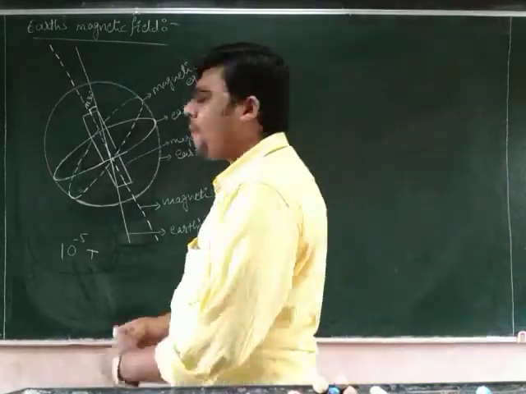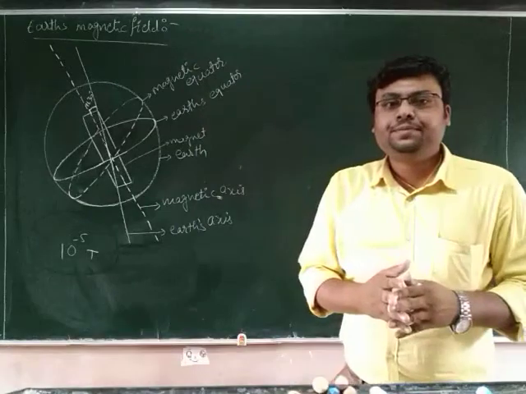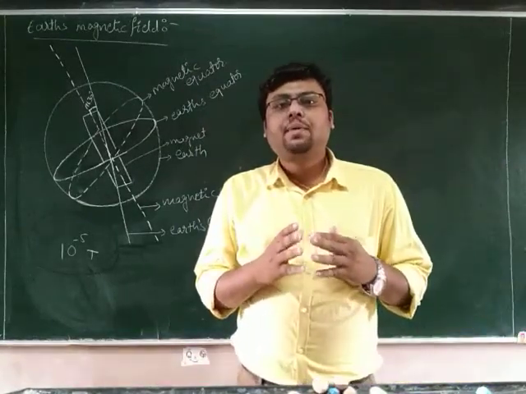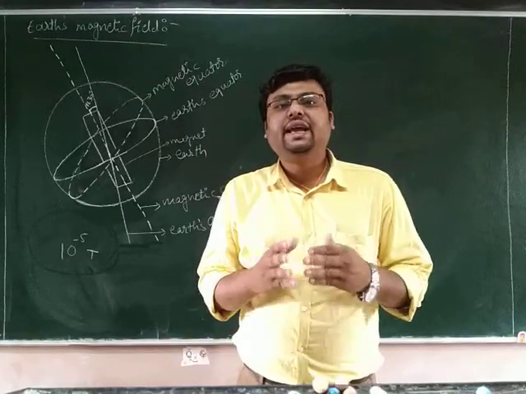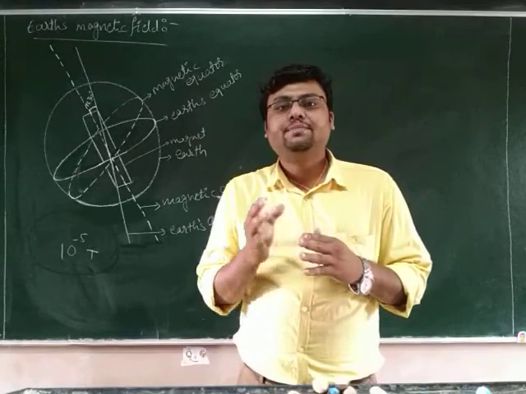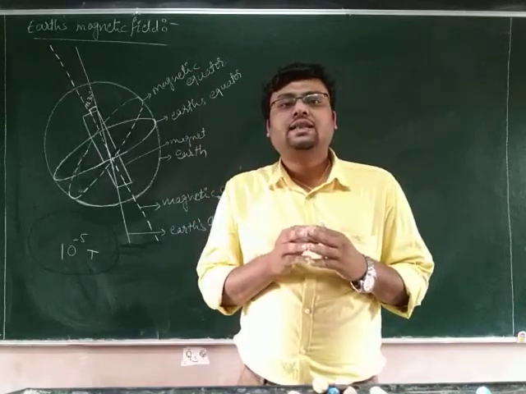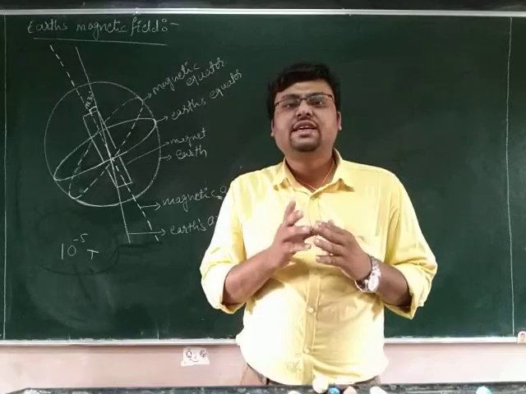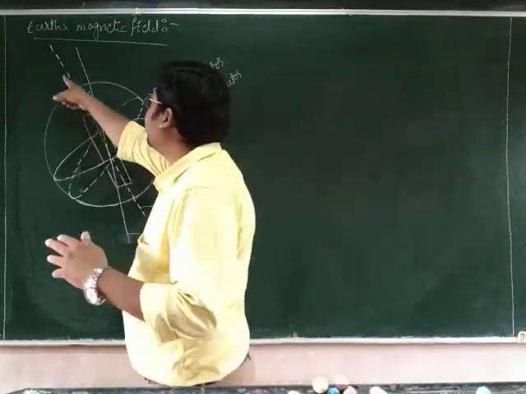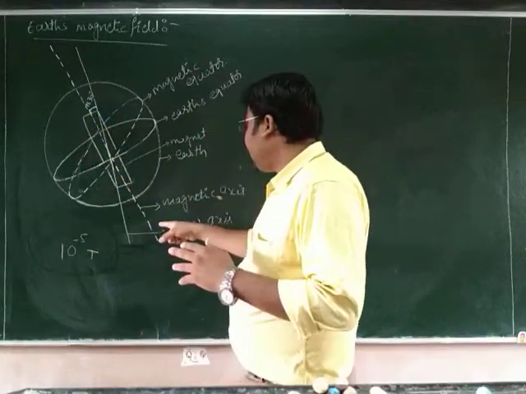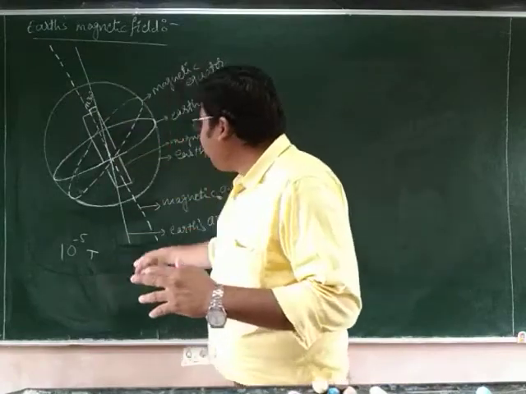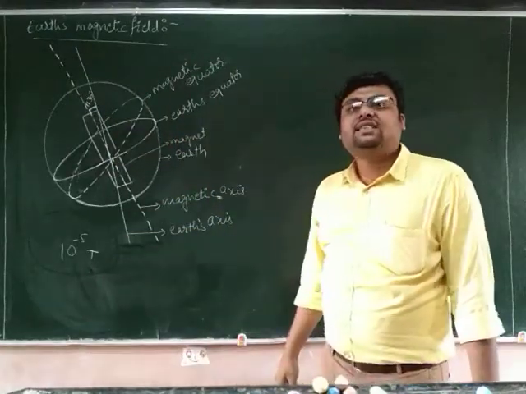In earlier days, they used to consider that a huge bar magnet is buried deeply inside the Earth in such a way that the magnetic axis, as you can find here, the dotted line indicates the magnetic axis and the straight line indicates the geographic axis.